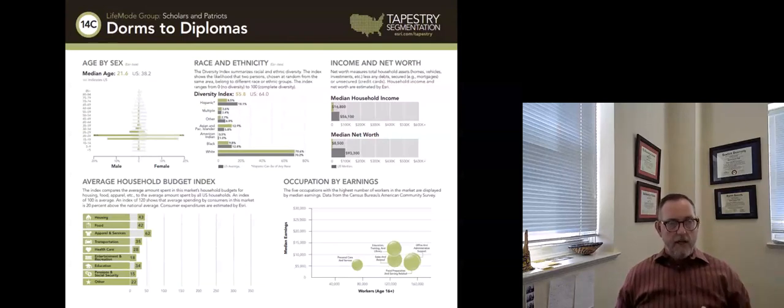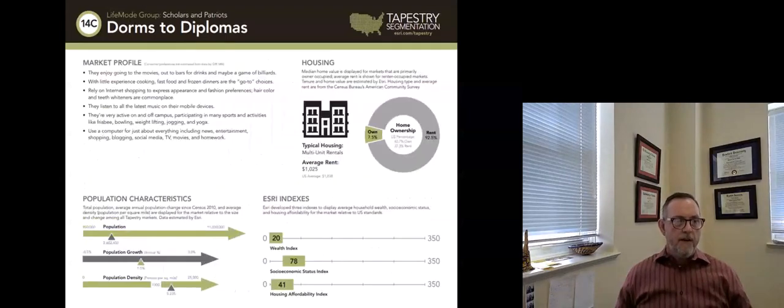This is, again, income, race, ethnicity, age, gender, all of this type of stuff. Again, further housing needs, some of their proprietary Esri indexes, which include a wealth index, a socioeconomic scale, and a housing affordability index, all very low, as you can imagine, simply because these are college students, for the most part.